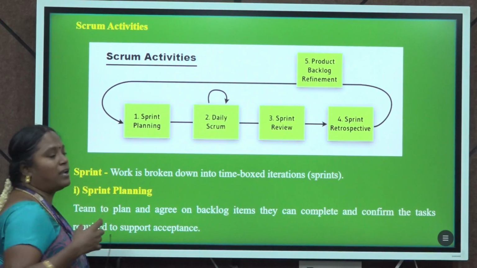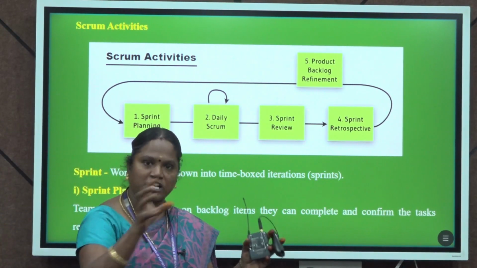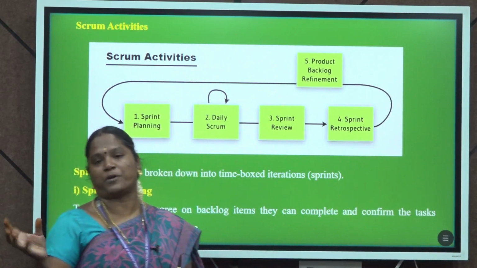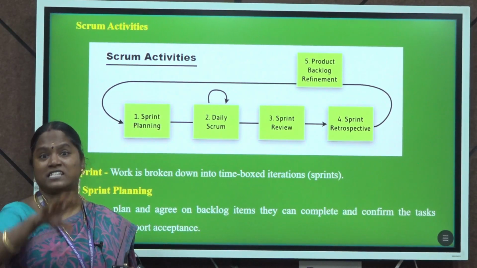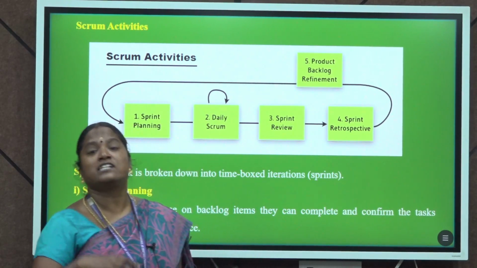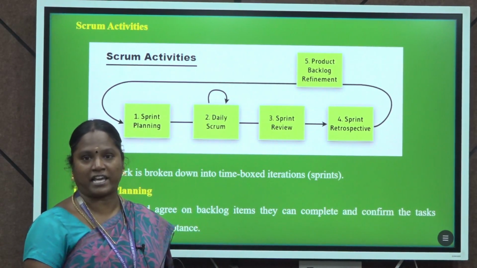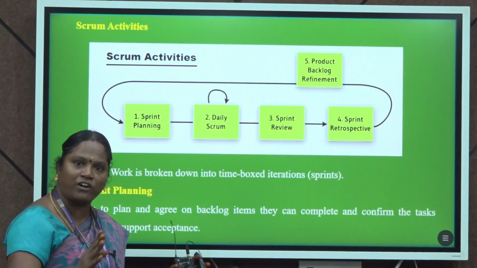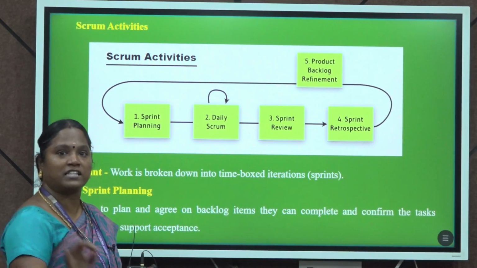For example, if the customer asks to develop a website, website creation is a large process. We need to finalize the template, the menus, the photos, the content, everything. So in this large project, we divide the entire work into small pieces of tasks, that means sprints.